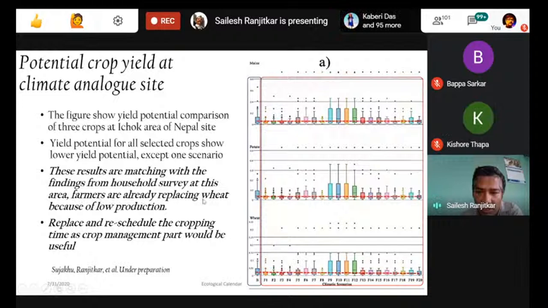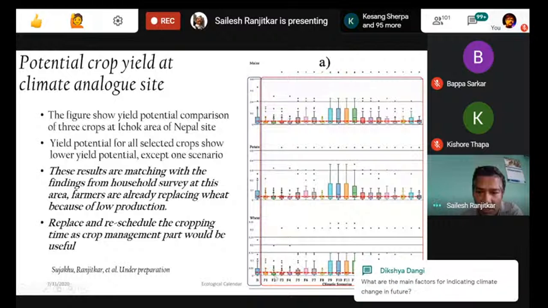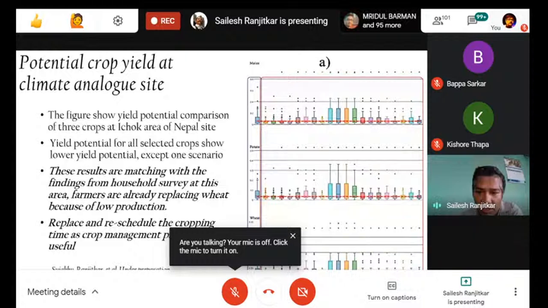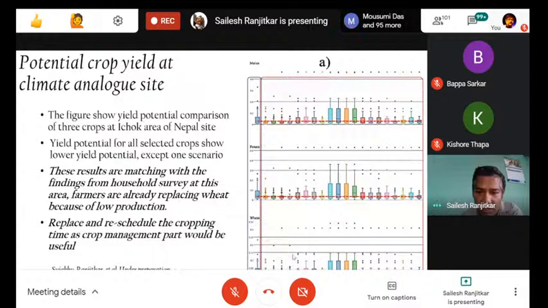Farmers are already replacing wheat because of low production. If you see wheat, this red dot is the current potential yield, and these box plots show the potential yield in the future. Most of the future yield is below this red line, which means in the future, wheat yield could be reduced much in this area.